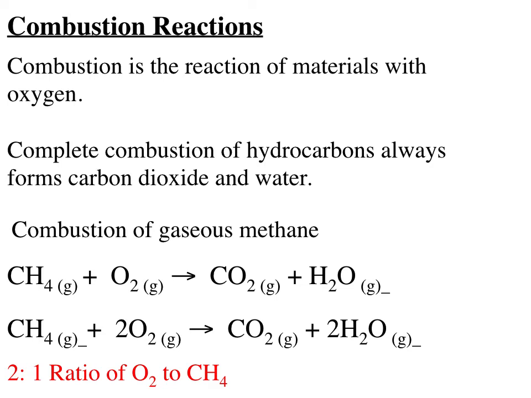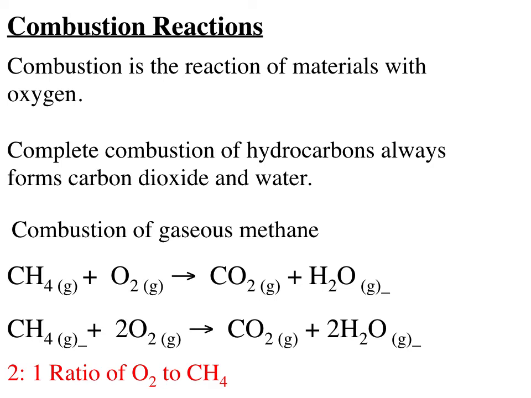Now then, below that I show the trial and error of the balancing coefficients I need to put into the equation to balance it. I notice I'm going to need to get the right number of O's on the left and the right to pull this off. To do so, I'm first going to balance my H's. I have 4 H's on the left, put a 2 in front of the H2O, gives me 4 H's on the right.